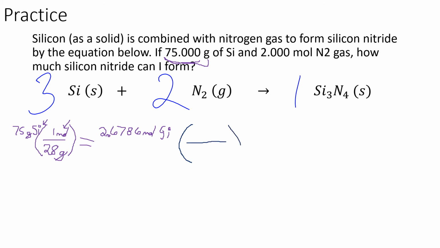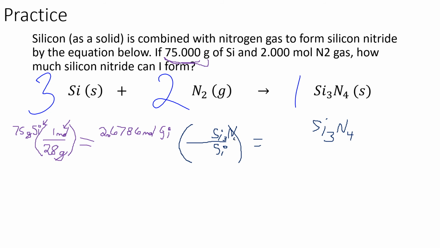I want to know how many moles of Si3N4 are going to come from my 75 grams of silicon. Well, I've already changed it into moles, have to do that. So now I just need silicon to cancel out as a species here, and instead end up with Si3N4.